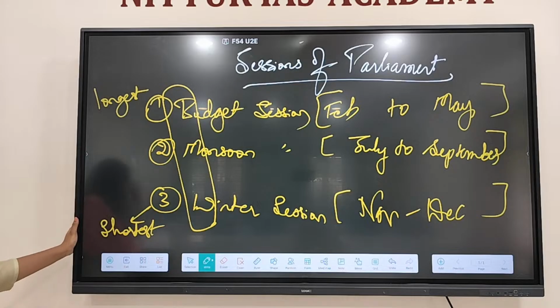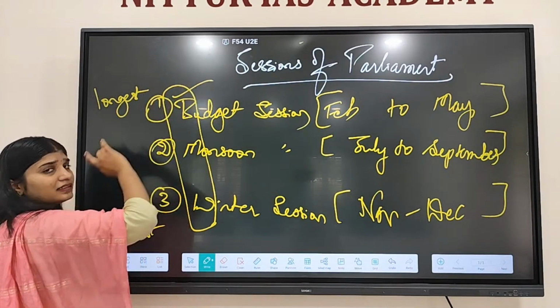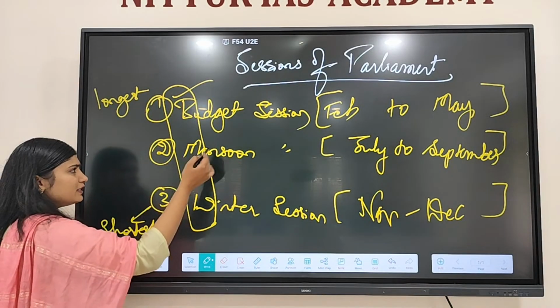The maximum period should not exceed 6 months. It is the maximum gap, not the maximum session. The maximum gap between both the sessions should not be more than 6 months. And a minimum of 2 sessions should be conducted every year. This is compulsory and fixed. Sometimes a session might be skipped.